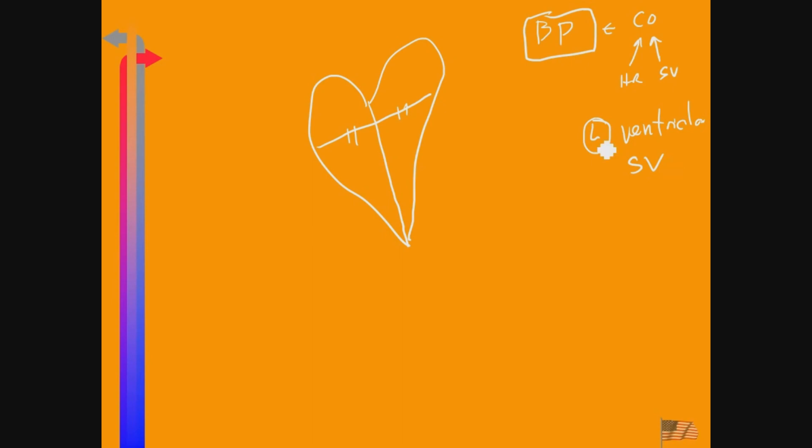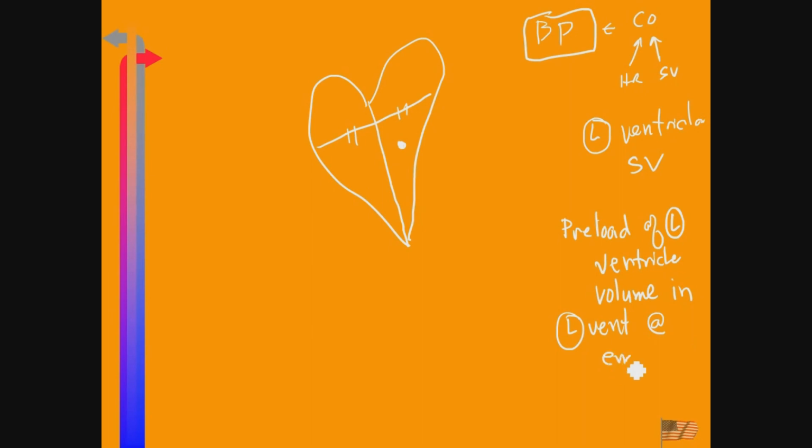One of the things that influences stroke volume is this concept of preload, specifically preload of the left ventricle. How much blood is here just prior to ventricular contraction? What is the volume in the left ventricle at end diastole?